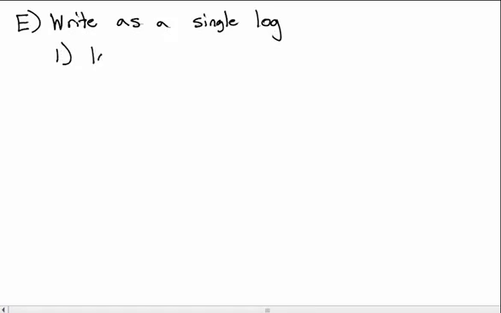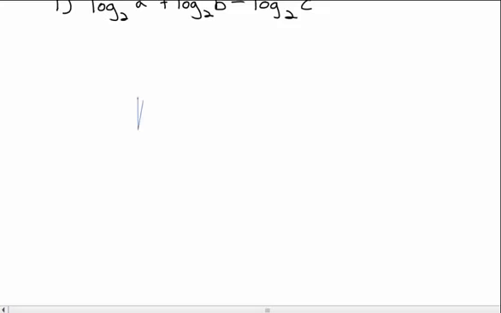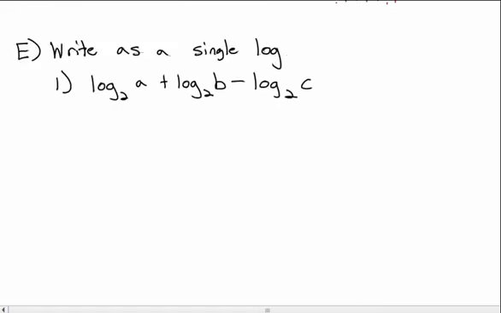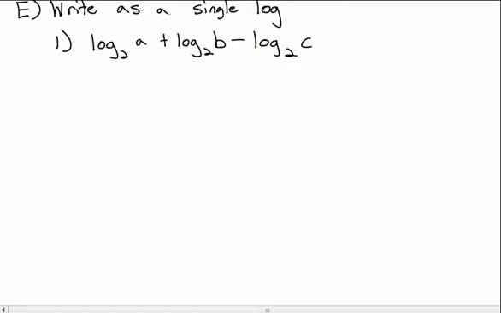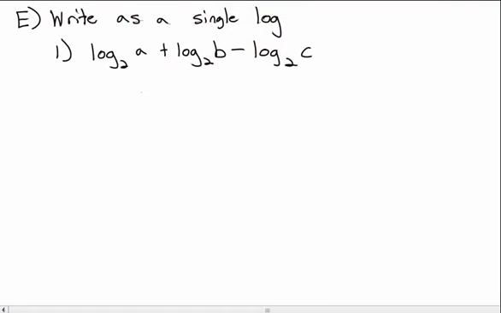For example, if we've got log base 2 of a plus log base 2 of b minus log base 2 of c, we can squish these three logs using our properties into a single logarithm. First, we'll write it as a log base 2.